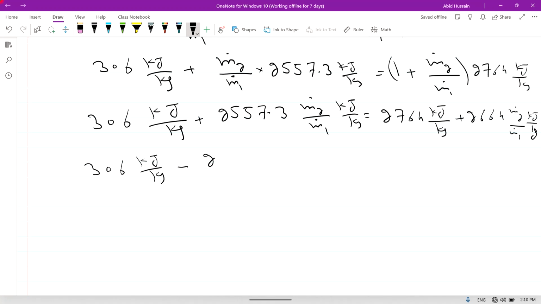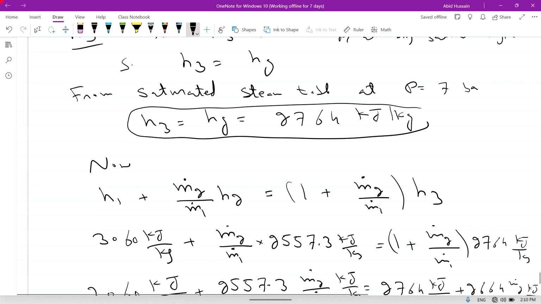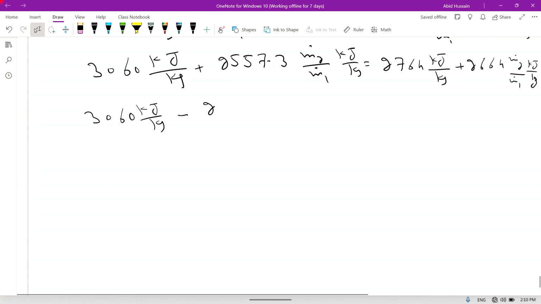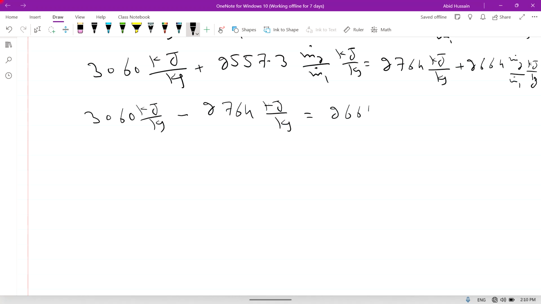So h1 is equal to 3060 minus 2764 kilojoule per kg is equal to 2764 kilojoule per kg minus 2557.3 kilojoule per kg, and m2 dot divided by m1 dot is common in these two terms.